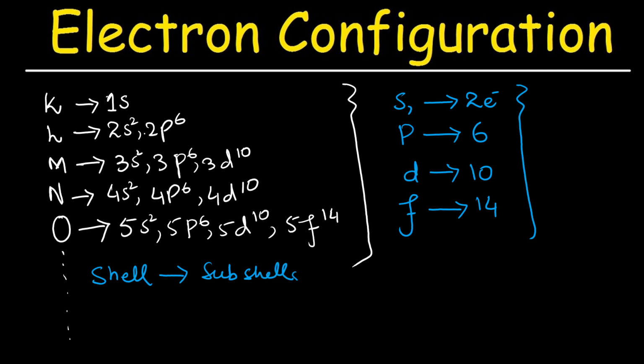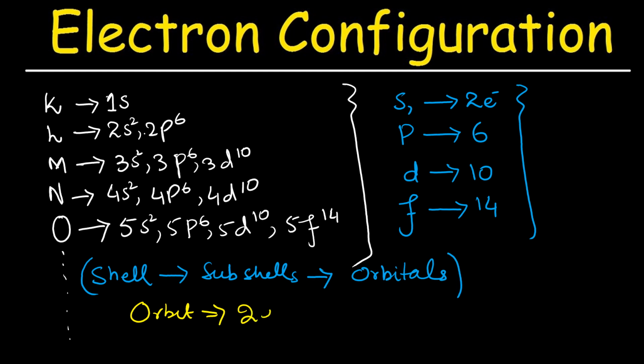Every shell has subshells in it, and similarly every subshell has orbitals inside it, and every orbital has the ability to accommodate a maximum of two electrons.